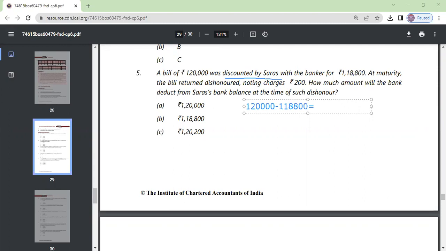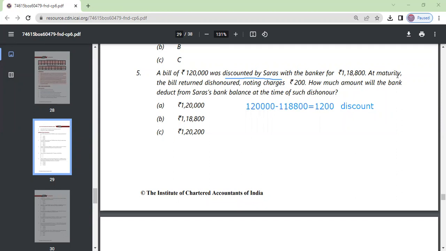Then what about the discount amount? 1,20,000 minus 1,18,800 is 1,200. 1,200 is the discount amount. What about this 1,18,800? Amount received from the bank.